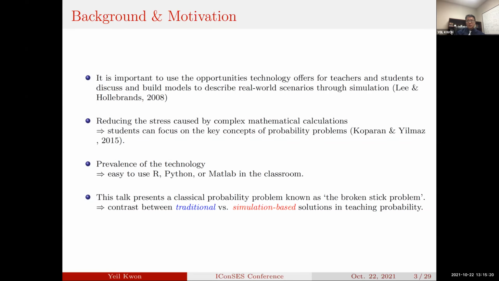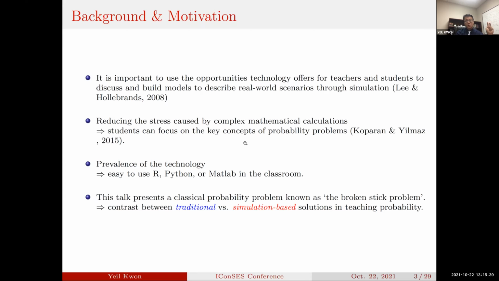Because basically probability comes from many replicated experiments, but we have to solve them in a mathematical way because we cannot do that kind of experiment physically. But in many cases we can do it using a simulation study.